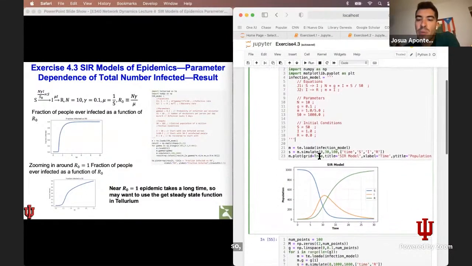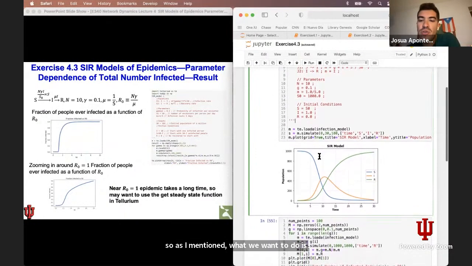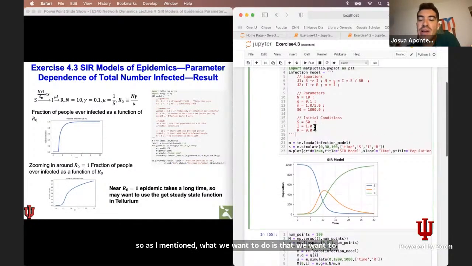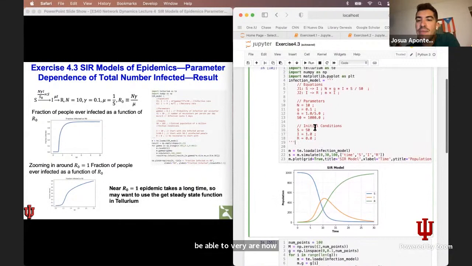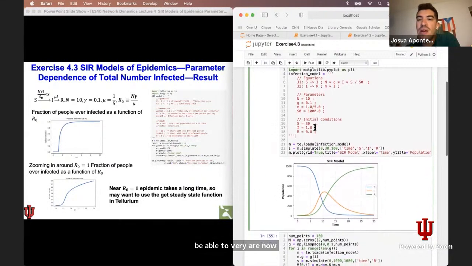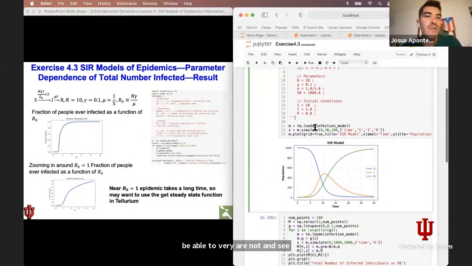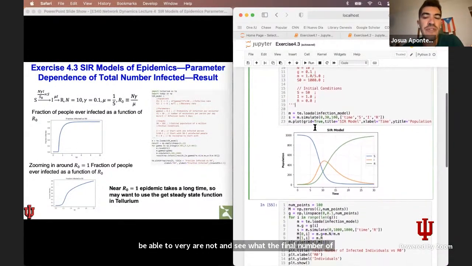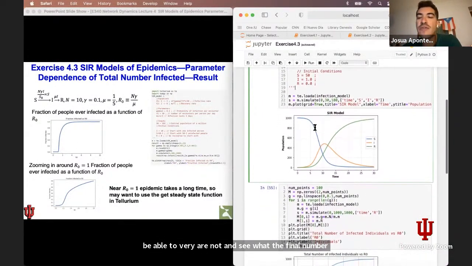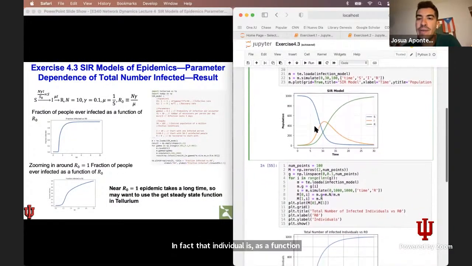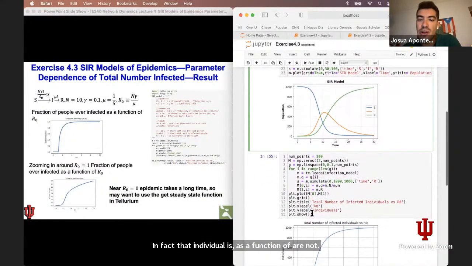So as I mentioned, what we want to do is vary R0 and see what the final number of infected individuals is as a function of R0. And this is what this code here is doing.